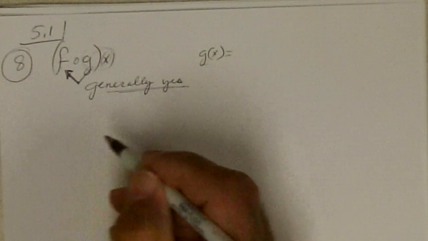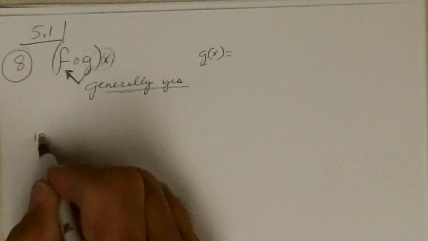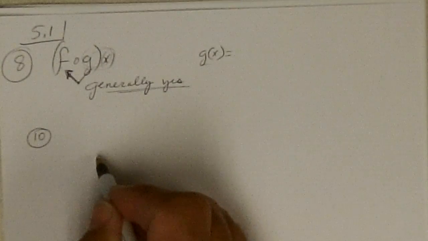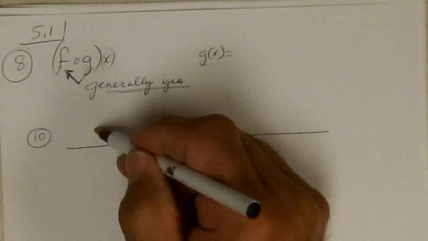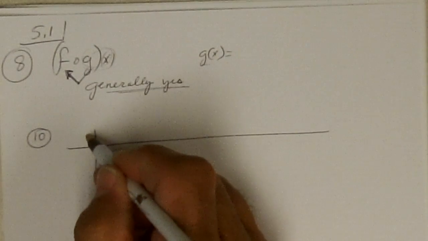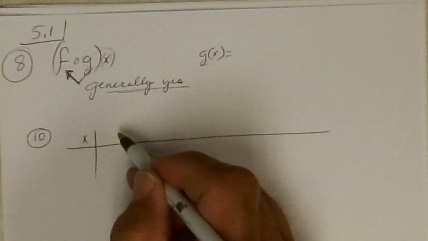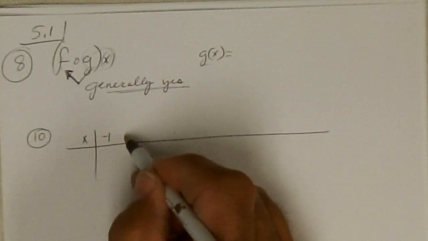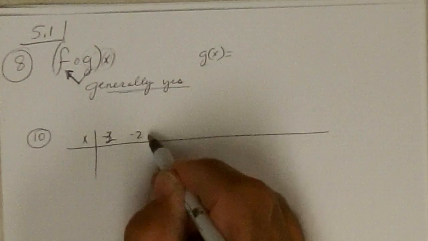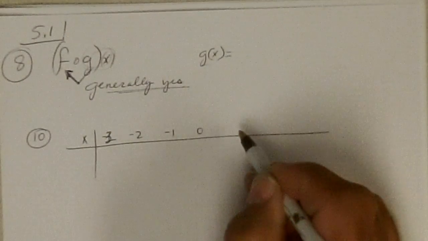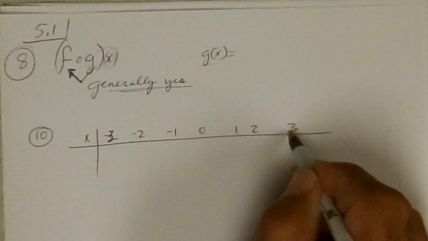10. 10 had a table, and I'll write that table out real quickly here because people were having trouble with these table things. And I did these a while back, and so I didn't repeat them when we got to these. So it said if x is minus 3, minus 2, minus 1, 0, 1, 2, 3.